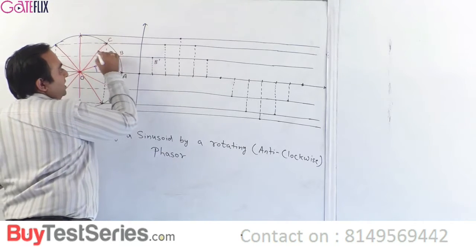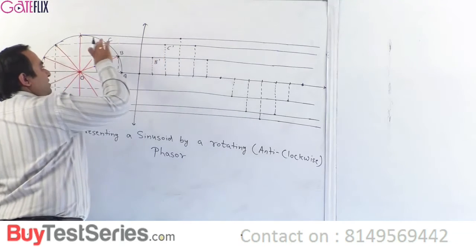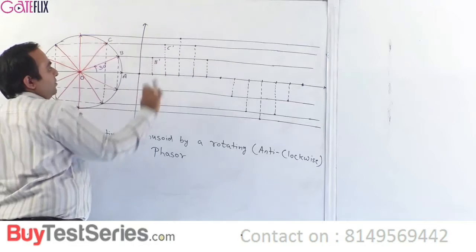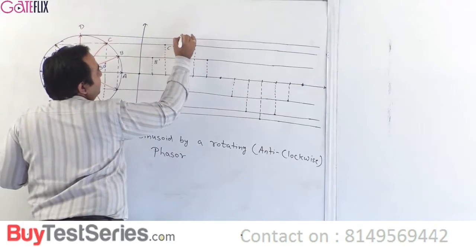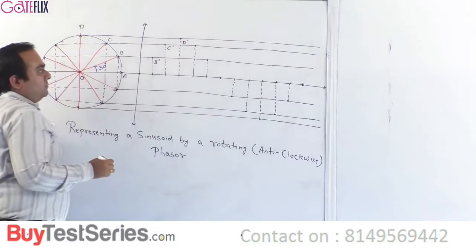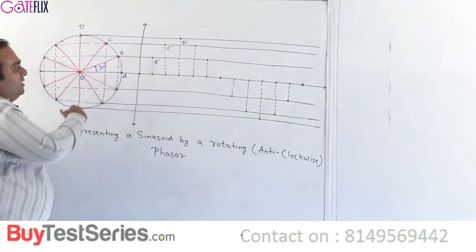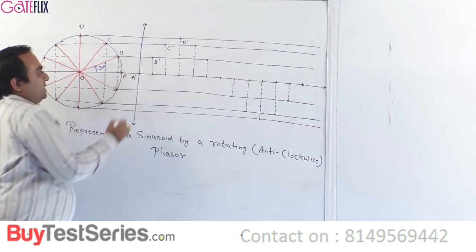Similarly, this point is C. Its vertical projection is C dash. So this is the vertical projection of the phasor. This is point D, so this point becomes D dash. Alright, and then we can continue this exercise further. This is the projection of A, let me call it A dash.